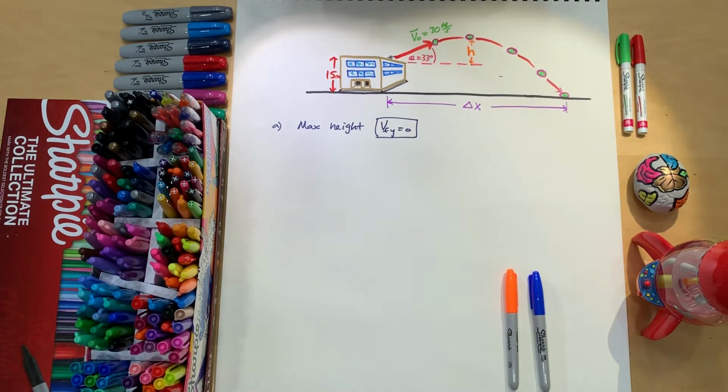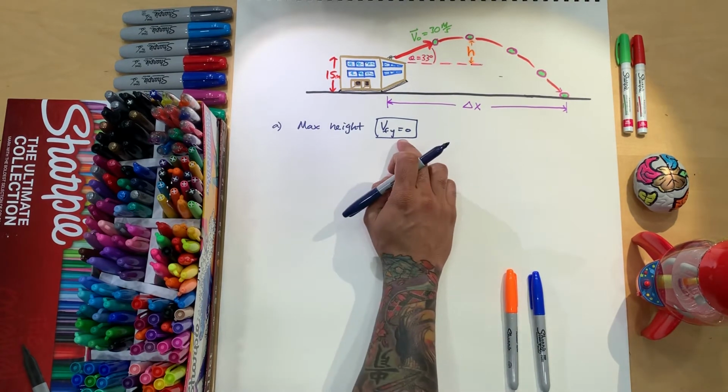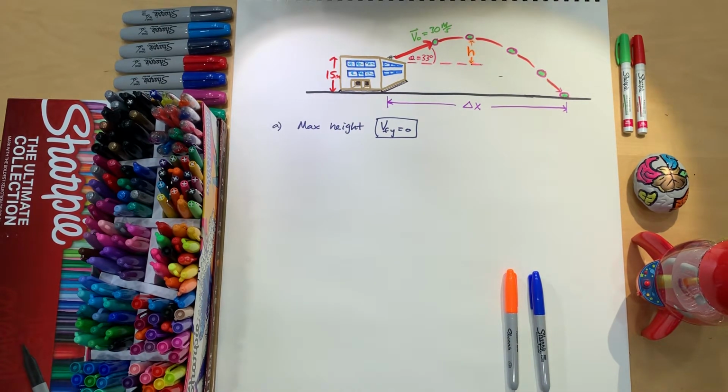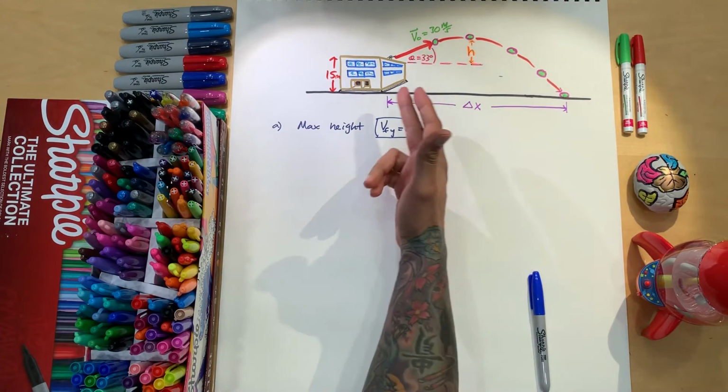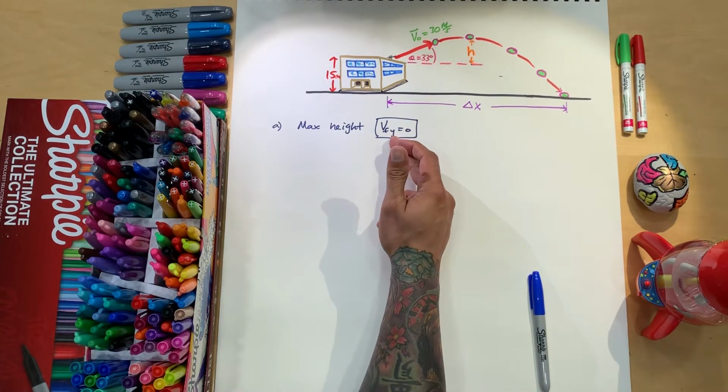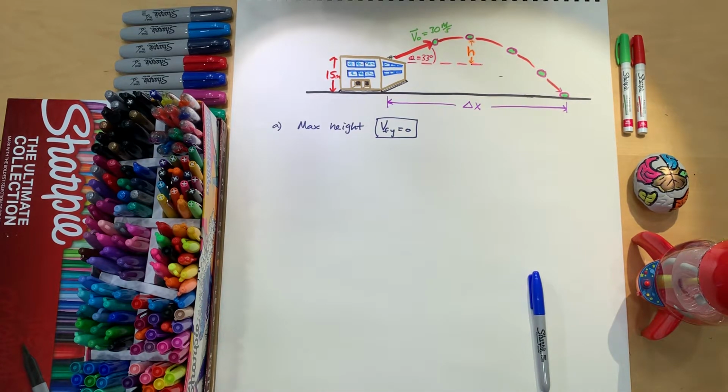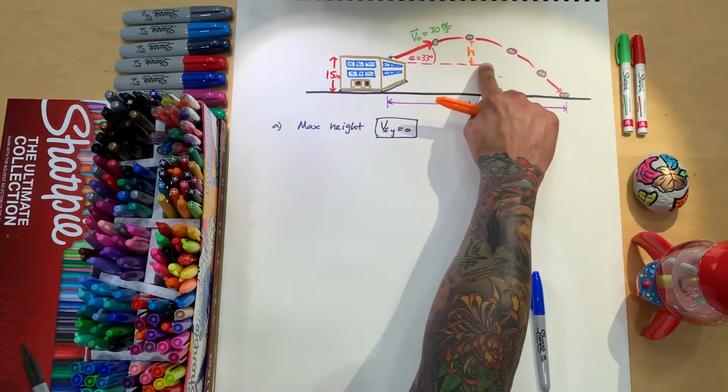All right, so now we have this, and let's write an equation that's relevant to knowing this. We want to know the height above the roof.